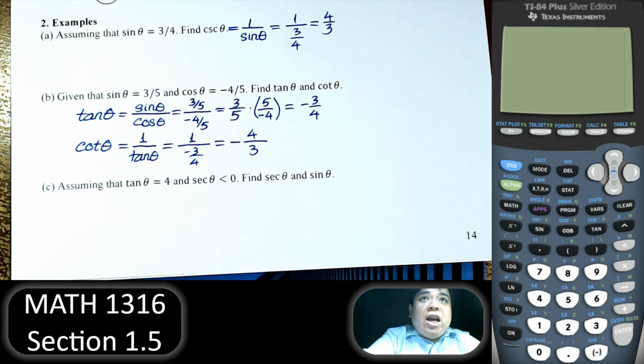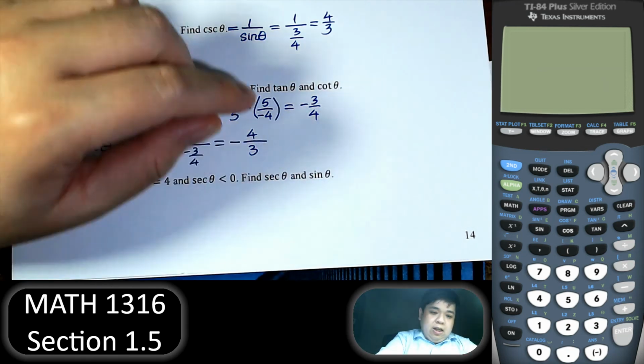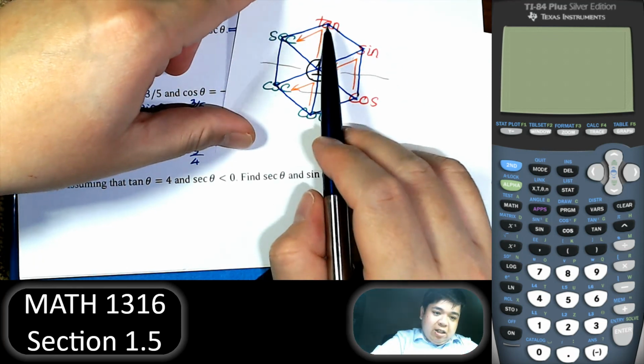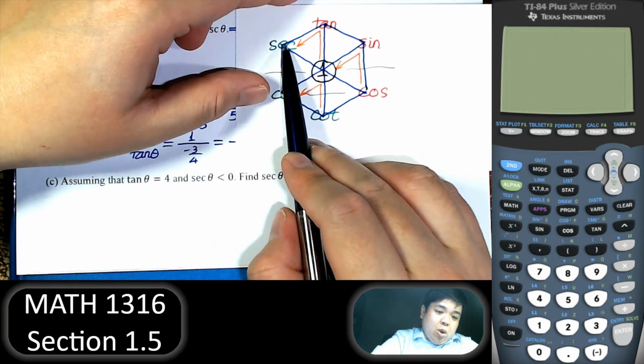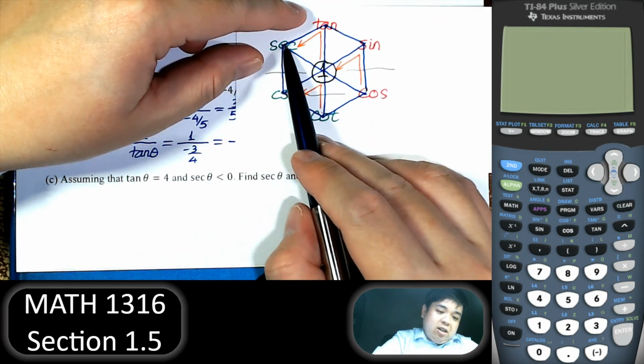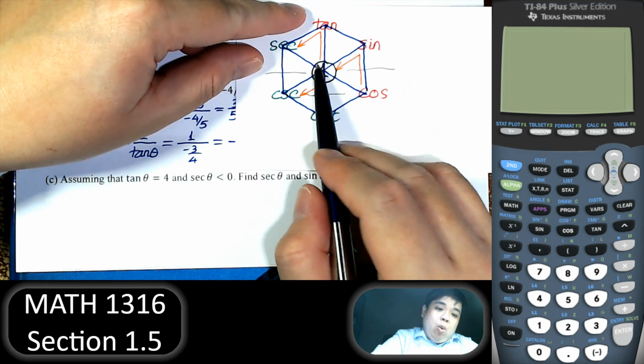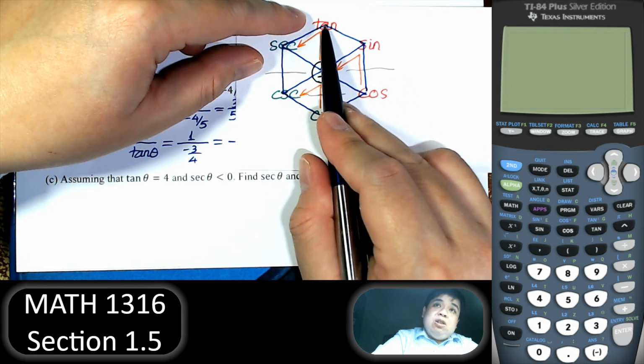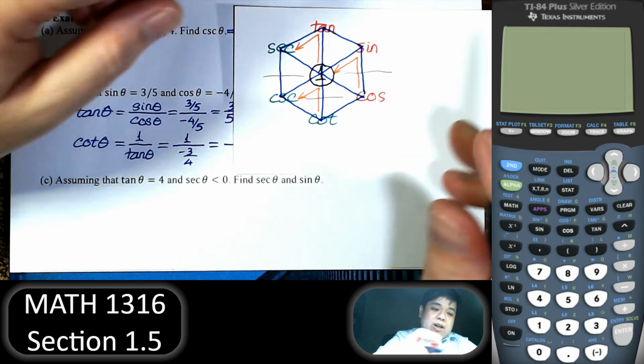Next, if tangent is 4 and secant is negative, find secant and sine. So we have tangent and secant. What is the relation of secant and tangent? Well, 1 plus tangent squared is equal to secant squared.